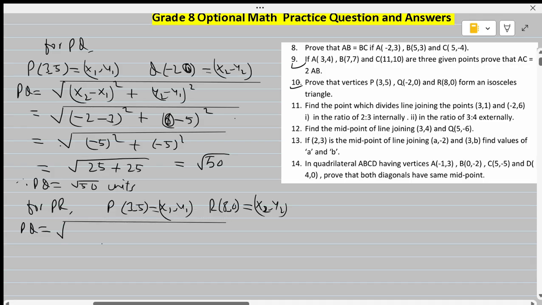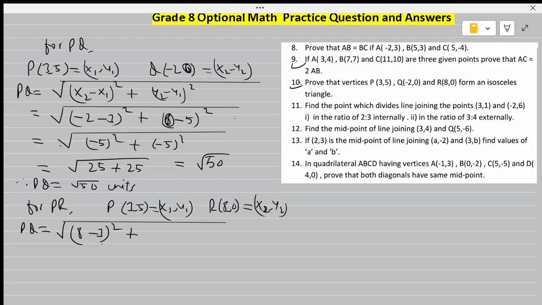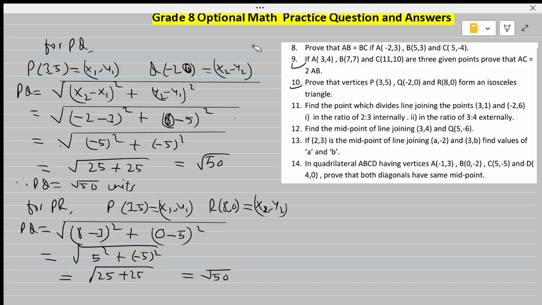So here second x we see 8 and first x we see 3, so 8 minus 3, 5 squared. Second y we see 0, first y we see 5, so 0 minus 5 is -5 squared. So once we do that, 25 plus 25, and that is root 50. And this way we are getting here PQ, and sorry, this is PR.